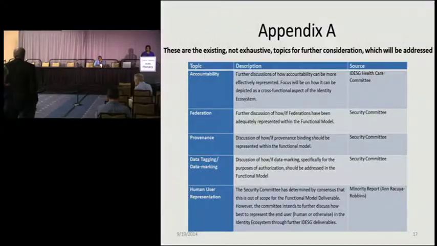Hi, Kim. Jim Zock. I would offer that as an endorsement to what Stuart said earlier, it would be more advisable, I believe, to strike Appendix A at this juncture. It is a work plan. It should not be put into the document because it hasn't been part of the deliberations up to now. Let's stay with the defined product that you have as version 1.0.